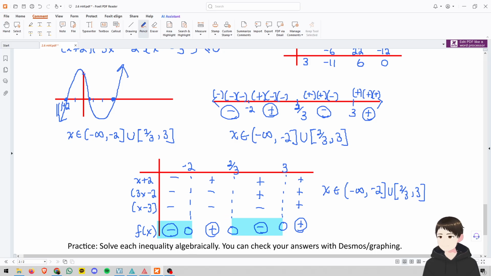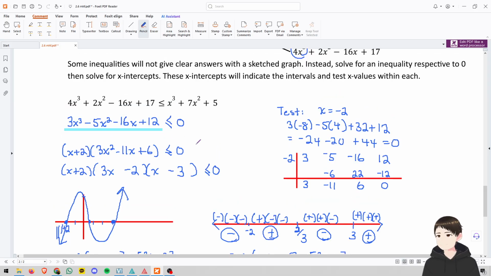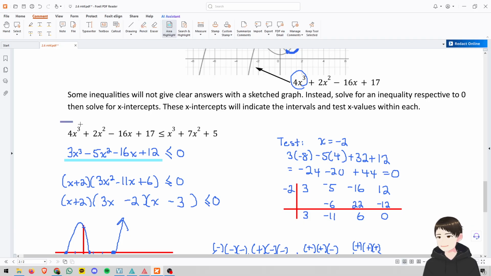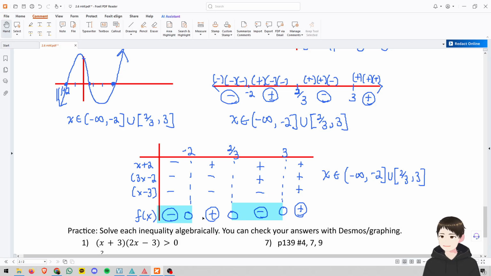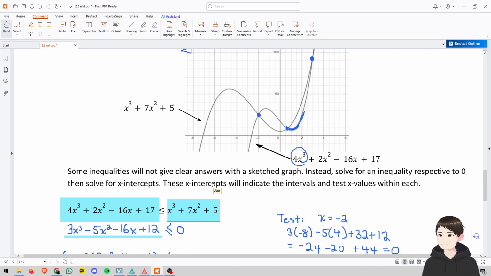So once again, this answer right here is not when is it less than 0. We go back to the original question and it says, hey, that left equation is smaller than the right equation when the x values are way left of negative 2 or between 2/3 and 3. Does that match my graph above?